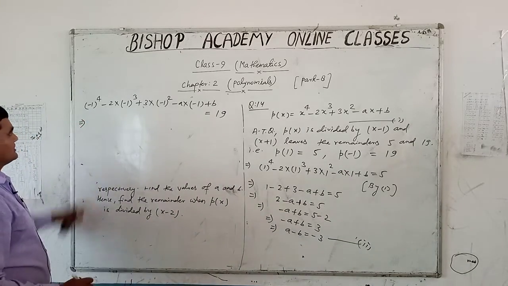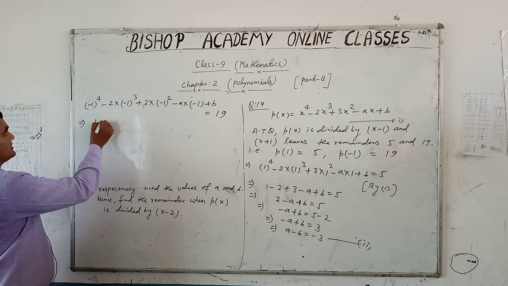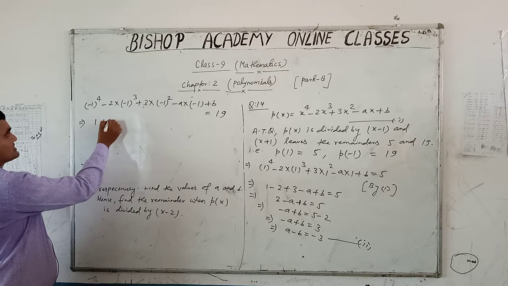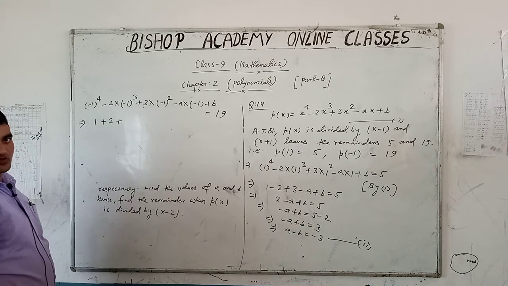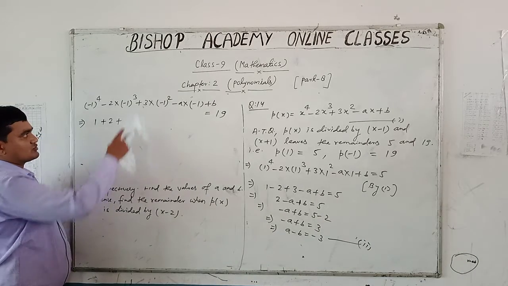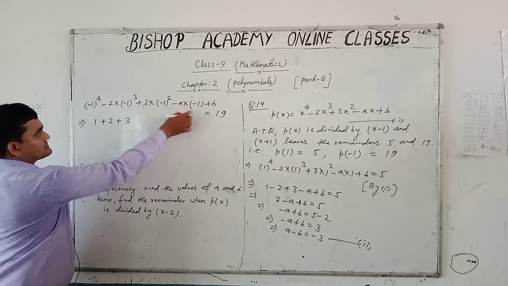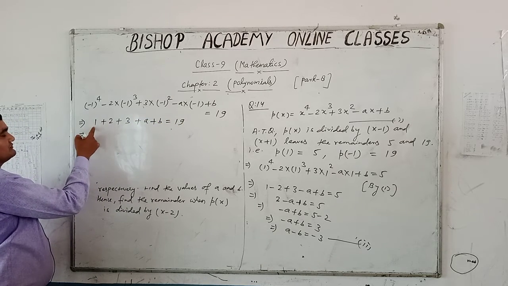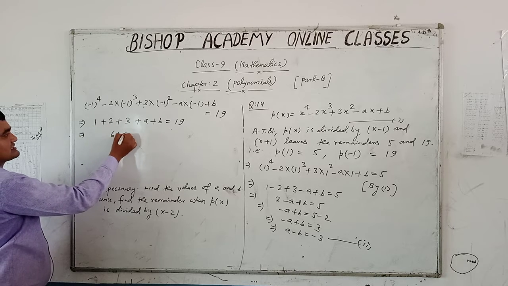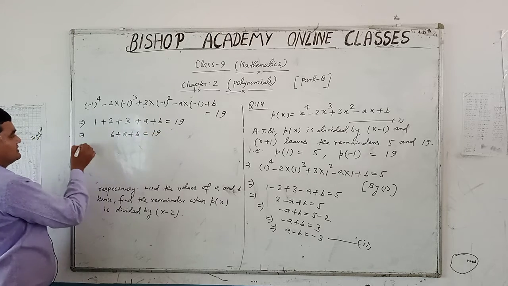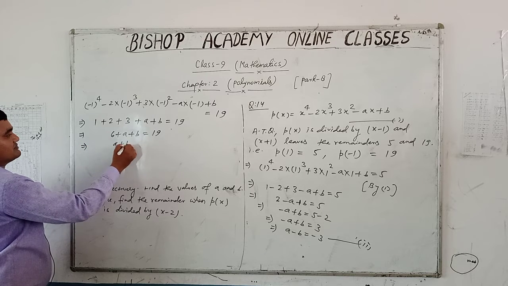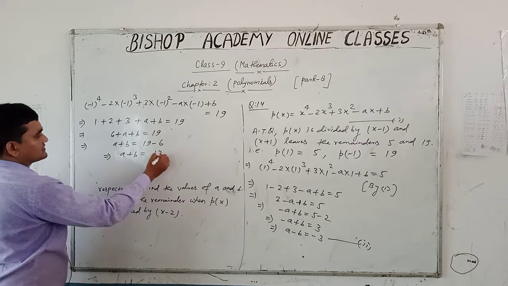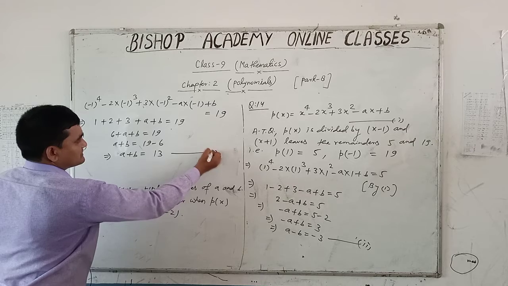This implies that minus 1 raised to the power 4 means 1, minus 1 whole cube minus 1 multiplied by minus 2, that means plus 2, plus 3 into minus 1 square means plus 1 into 3 means 3, plus a plus b equal to 19. 1 और 2 add करेंगे 3 is 6 plus a plus b equal to 19. This implies that a plus b equal to 19 minus 6 means a plus b equal to 13. Let this is equation number 3rd.